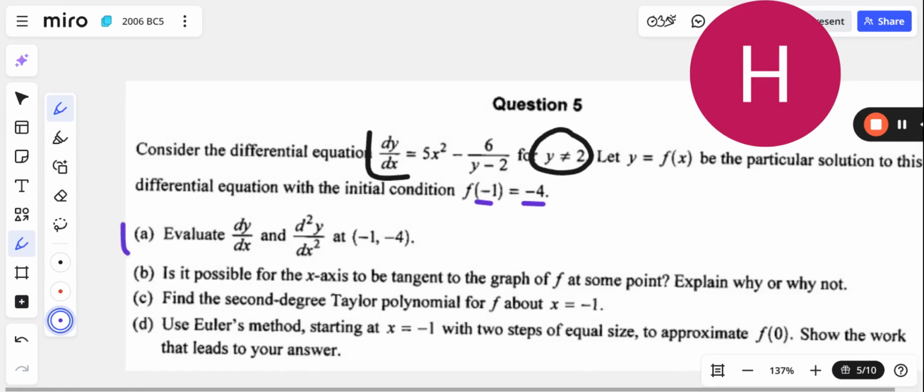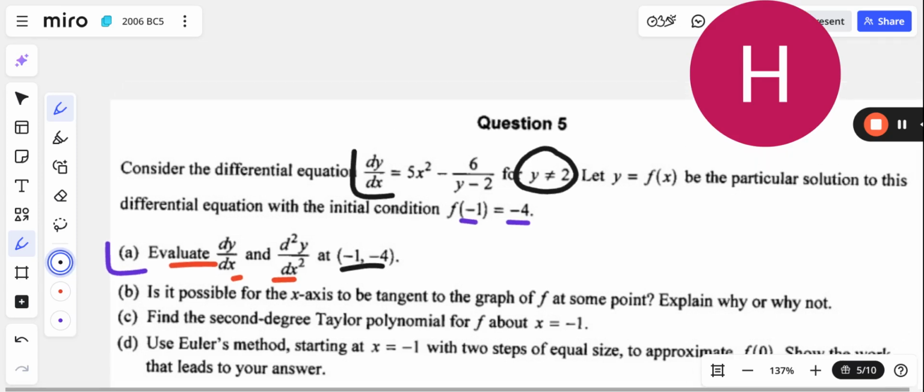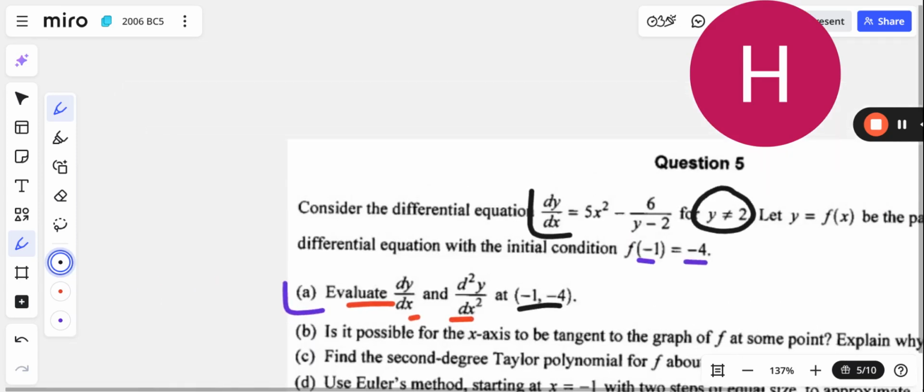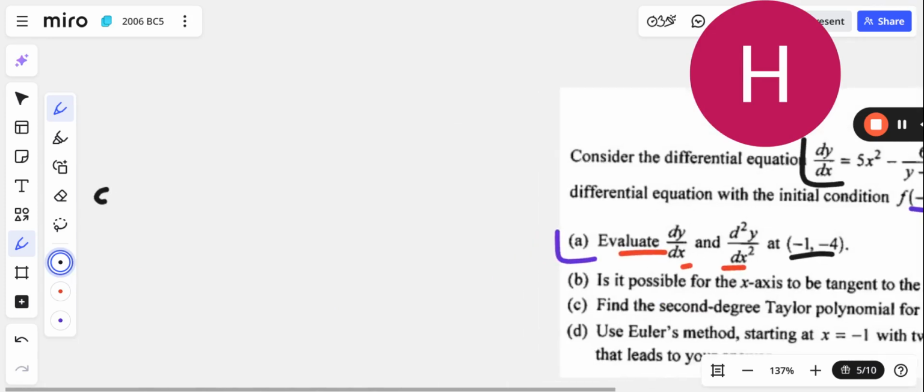And let's look at part A. Part A says evaluate dy/dx and d squared y/dx squared. So that's the second derivative. All right, so we're going to have a little bit of work here. At these points, x is equal to -1, y is equal to -4. So first let's just figure out what dy/dx is here, evaluated when x equals -1, y equals -4.